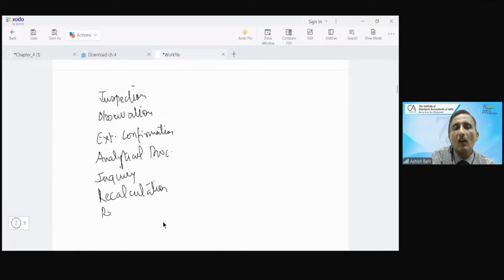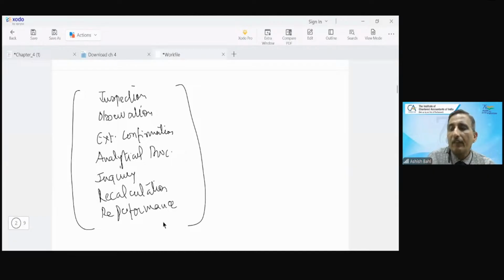This you have all read in your module. So the meaning of these procedures, students, should be clear to you.